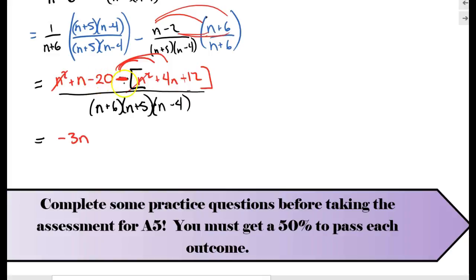And so we've got negative 20 plus 12, which is negative 8, all over our ridiculous denominator. And our non-permissible values. Don't forget that 3 was also in there.